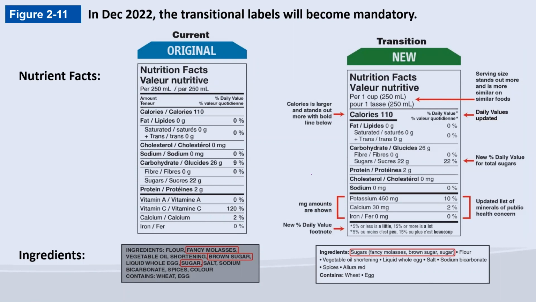One of the other big updates is the feedback that they've been given around sugars. A lot of people don't know which ingredients are sugars, right? And so if you take a look at that ingredients list on the left, it has fancy molasses, it has brown sugar, and probably a table sugar, just called sugar. And so they're actually getting those things grouped together.